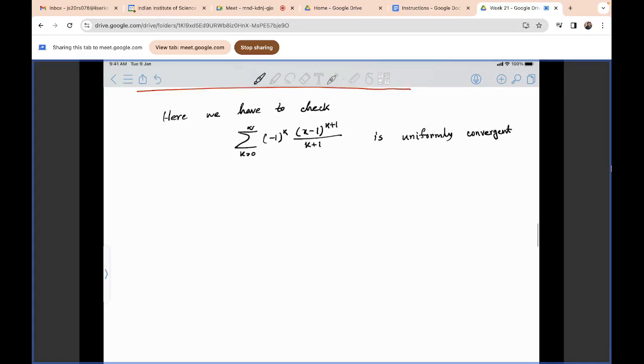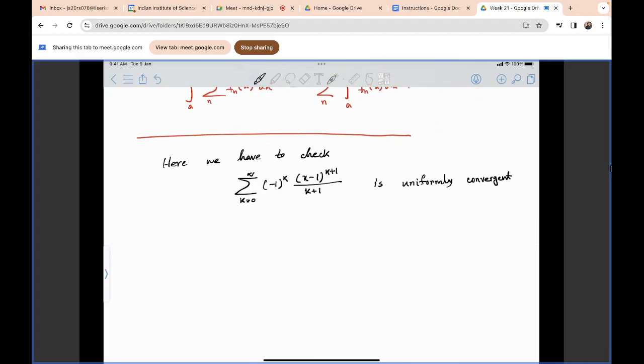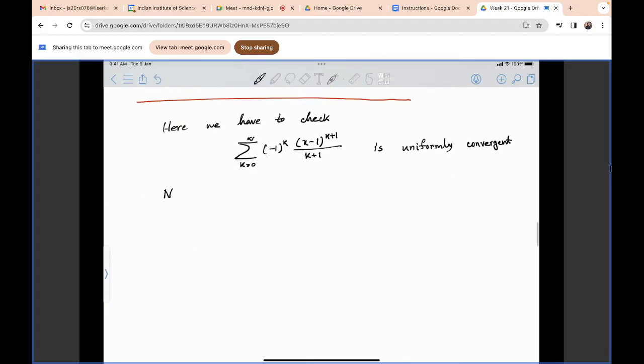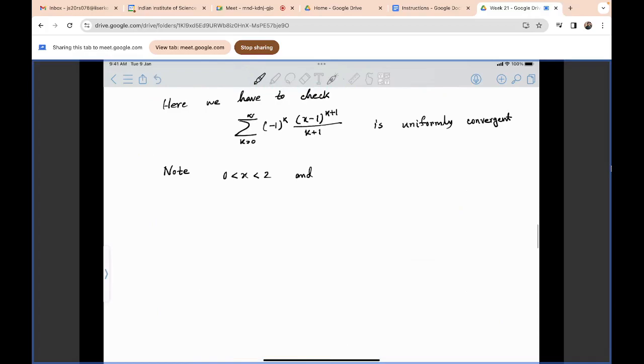uniformly convergent on some compact set we need, right? So note x is in 0 less than x less than 2, and in the integral of t, t is from 1 to x.